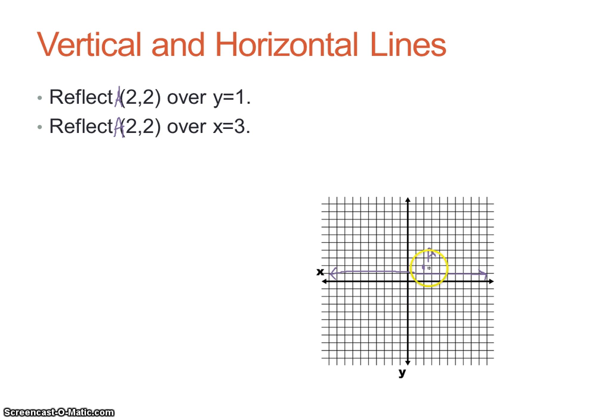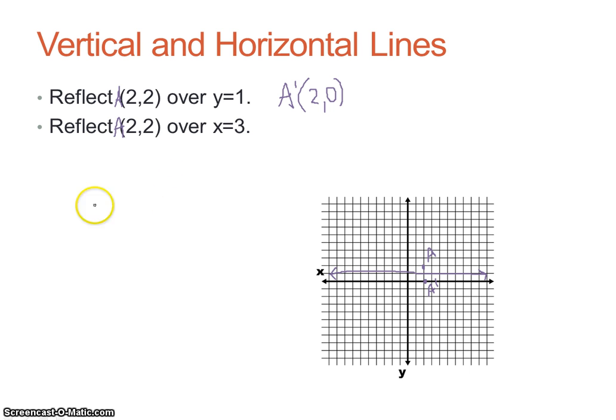So to reflect over y equals 1, we need to look at our perpendicular line and go the same distance. So from our point A to y equals 1 is 1 unit. So go on the other side, 1 unit would put us our A prime down here. So our A prime is 2, 0.